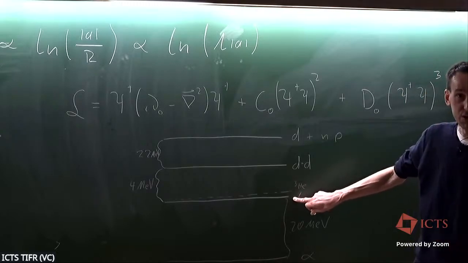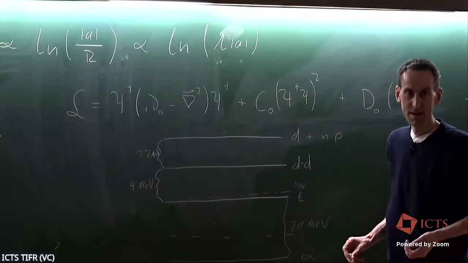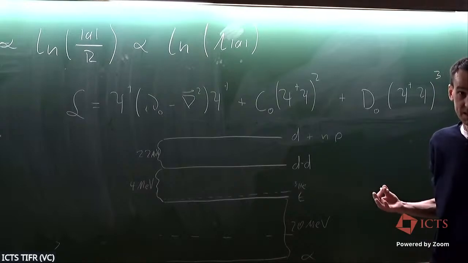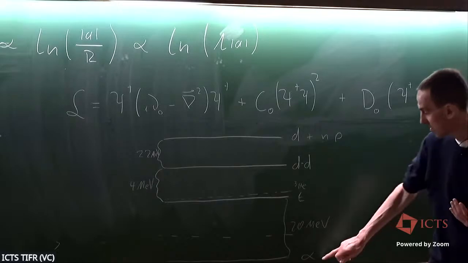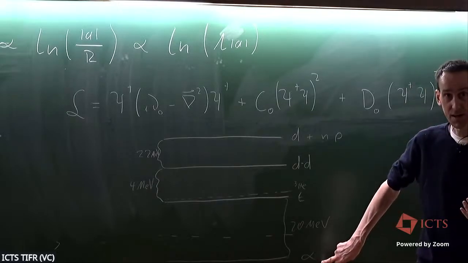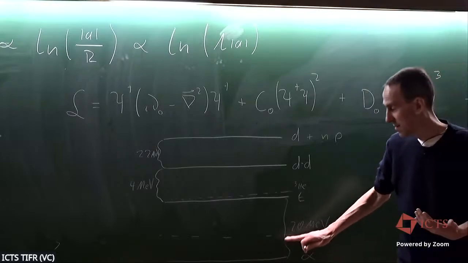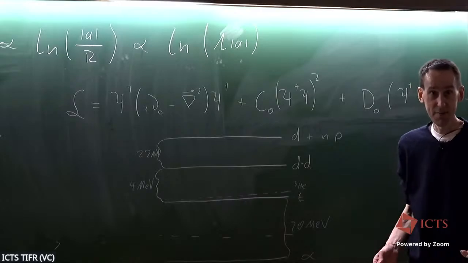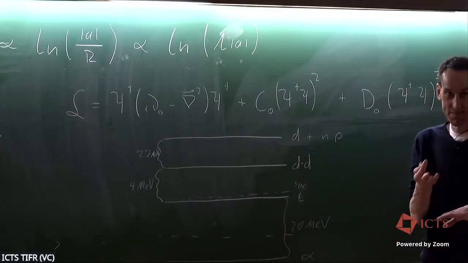If I produce another one, let's say here, that is still something which I assume is within the range of validity of my theory, because I also want to use that theory for the alpha particle. But if it is at 60 MeV, yeah, I'm not sure.